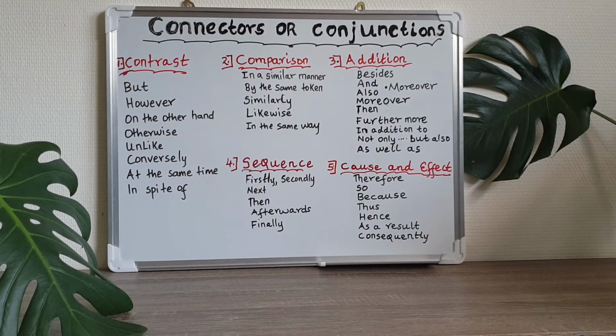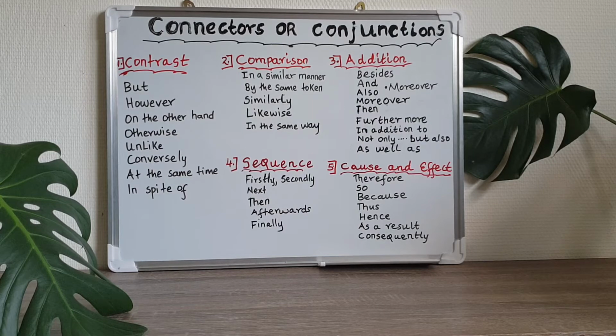So, a simple sentence has one verb. A compound sentence has two verbs. A complex sentence has three verbs. To join two simple sentences together, you will need to use a connector.